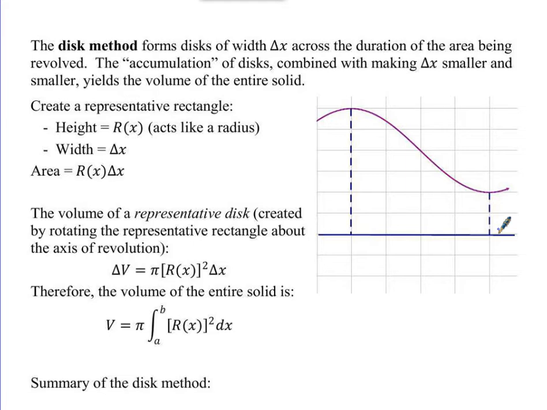We are revolving about this line right here, okay? So this little shape will revolve out of the page and then back within the page and come back out. And it's going to form this sort of nozzle-looking shape, okay?